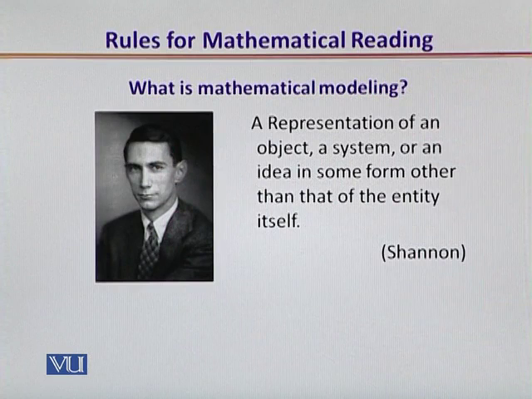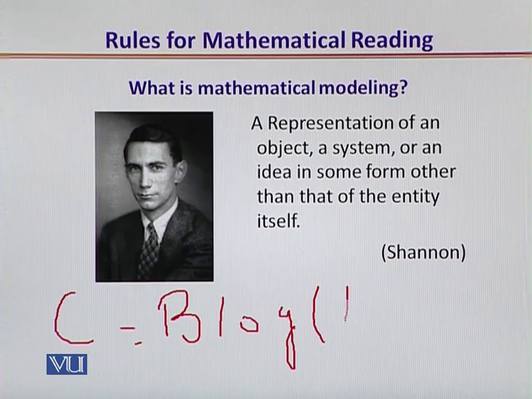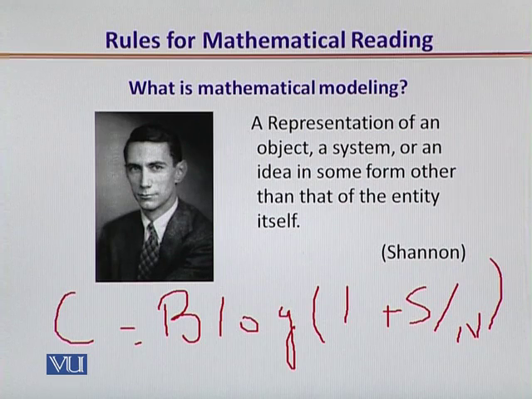The famous Shannon, who gave the channel capacity expression, which is C is equal to B log of 1 plus S over N, said that a model is a representation of an object, a system, or an idea in some form other than the entity itself.